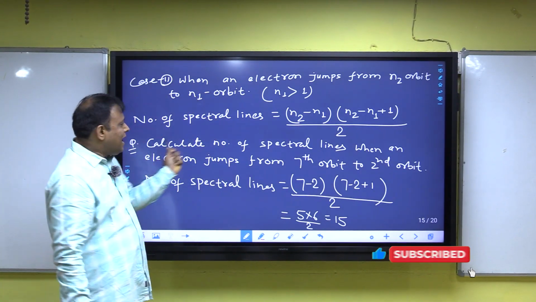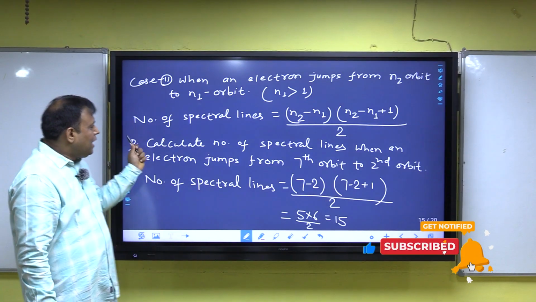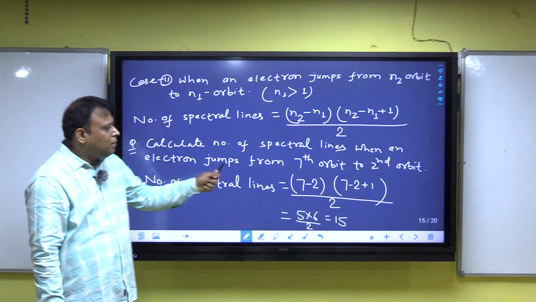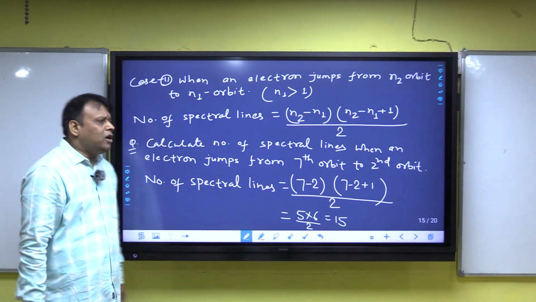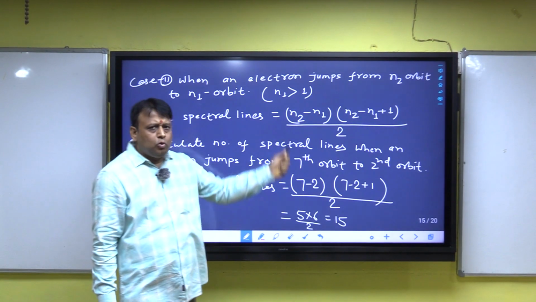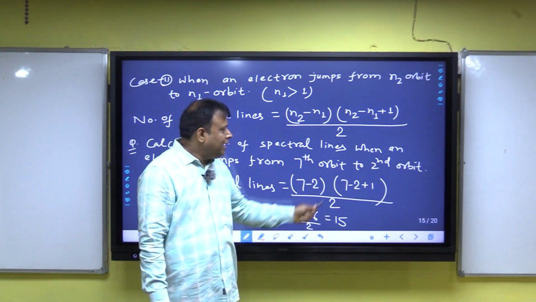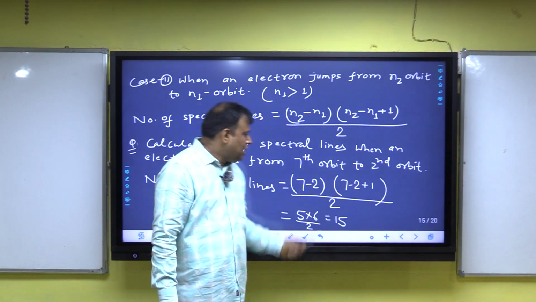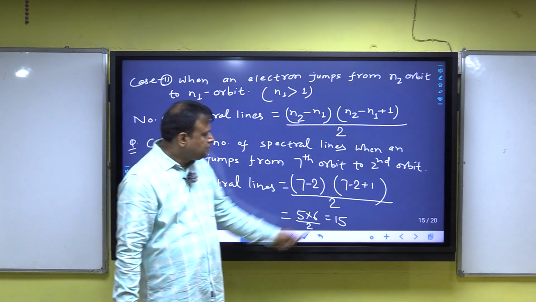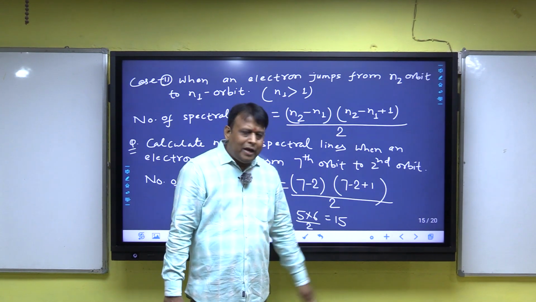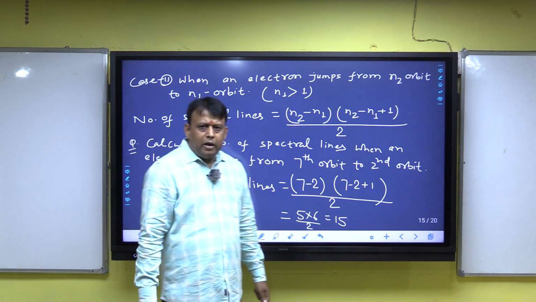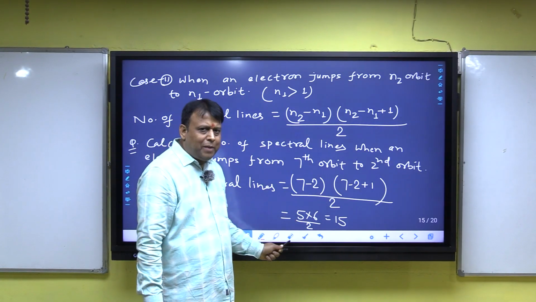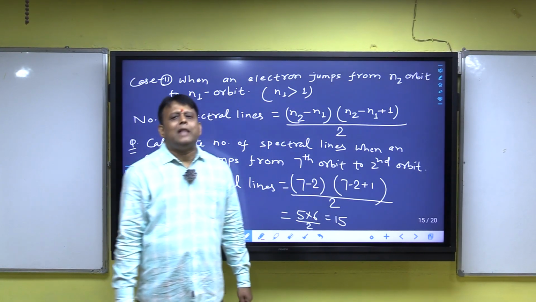One question: calculate the number of spectral lines when an electron jumps from the 7th orbit to the 2nd orbit. n2 is 7, n1 is 2. 7 minus 2 is 5, 7 plus 1 is 8, minus 2 is 6. Then 5 into 6 by 2, and it will be 15 lines.